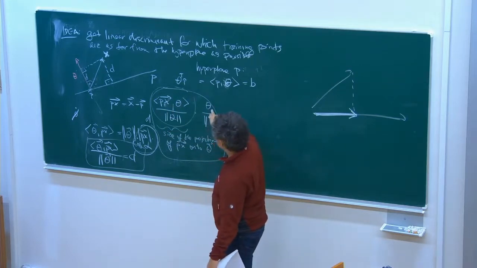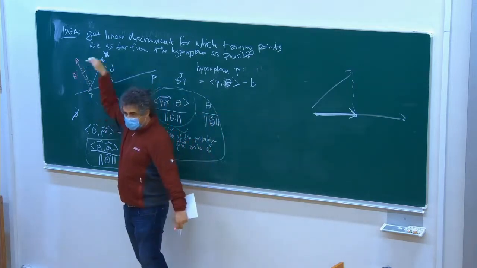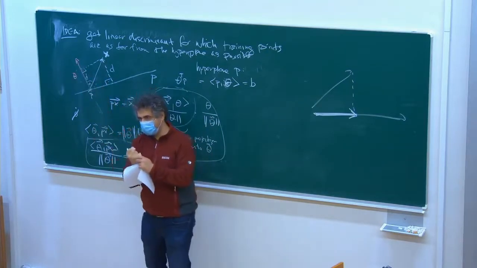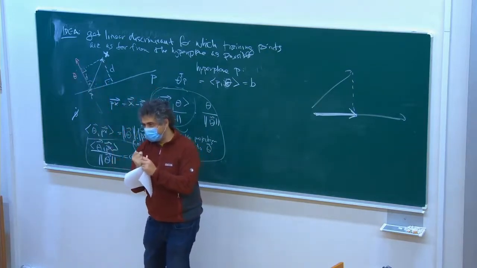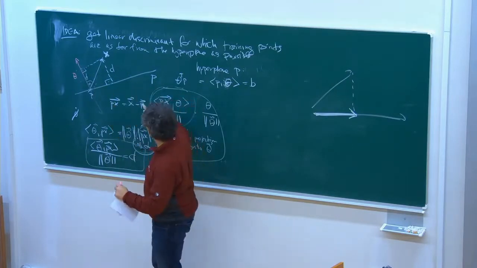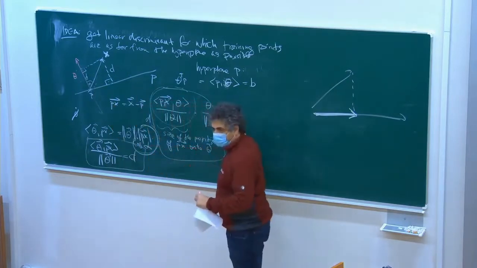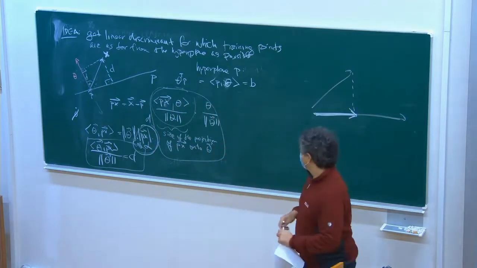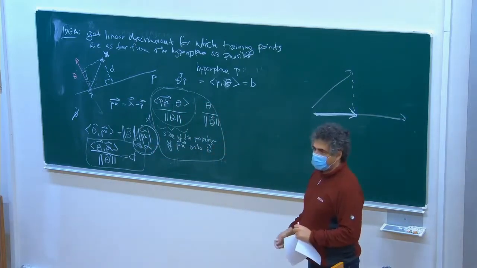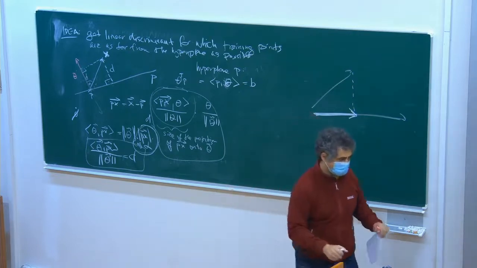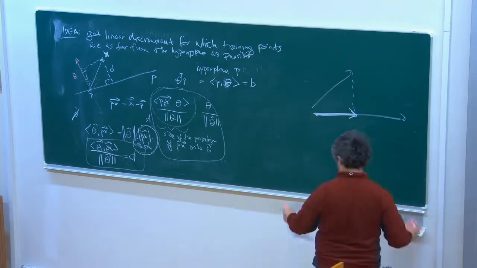The direction is the original vector that I am projecting onto, but I want it to have unit length, so I divide by the size of the original vector. Is that clear so far? Who understands this? Good. Okay, so let's go.